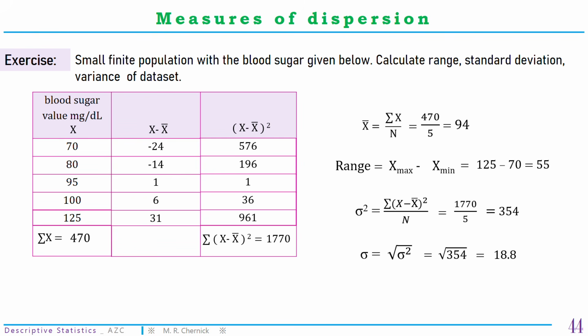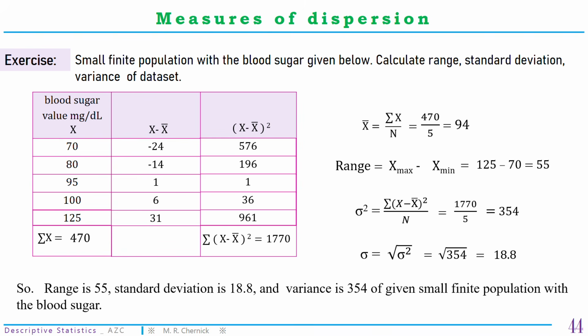Population standard deviation is under root of population variance, so under root of 354 is equals to 18.8. So, range is 55, standard deviation is 18.8, and variance is 354 of the given small finite population with the blood sugar.